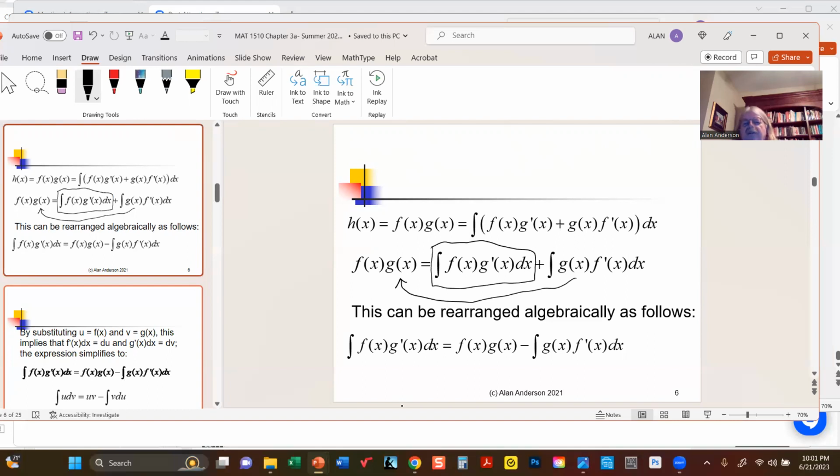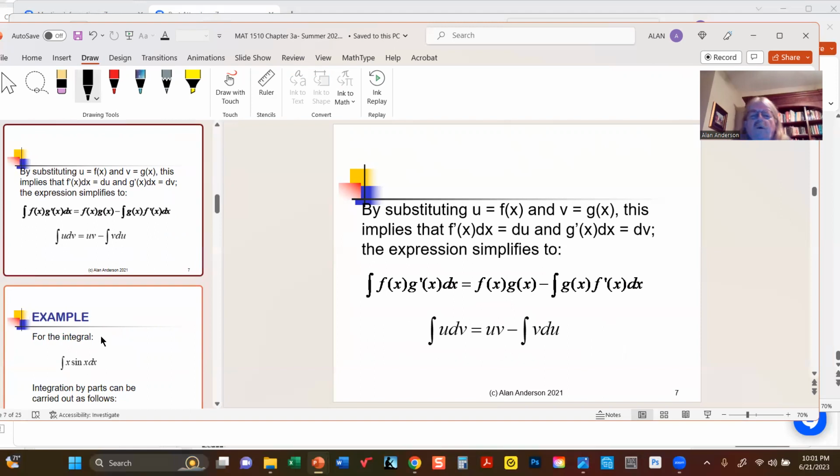Now we're going to change the notation slightly just to make it a little easier to remember this. Okay, so that's the only motivation for this next part. This is a lot to remember, all of this notation. What is traditionally done here is that we replace the f of x with u and the g of x with v.